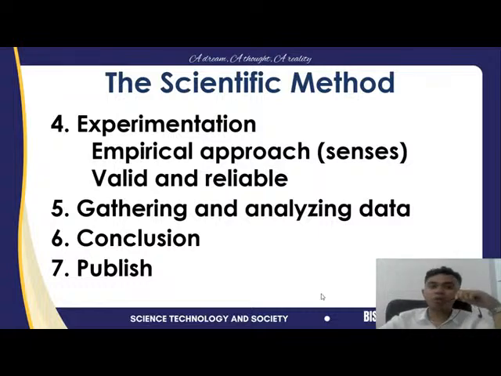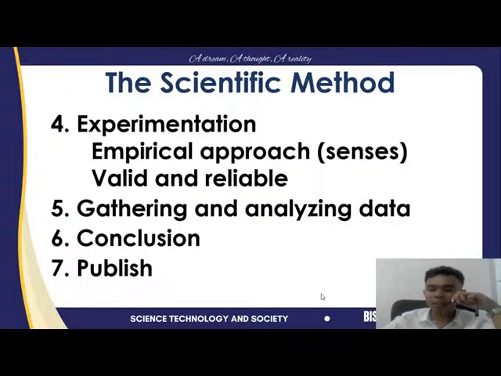Well, of course, we need to follow this to make sure that the result of our experiment, our study, is valid and reliable. However, it doesn't mean that we need to just do a certain part of it once.